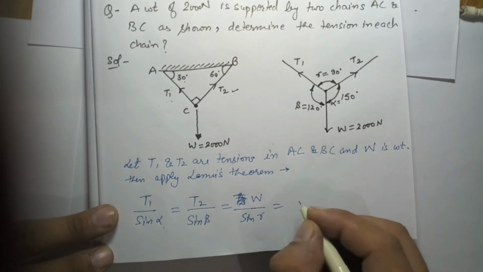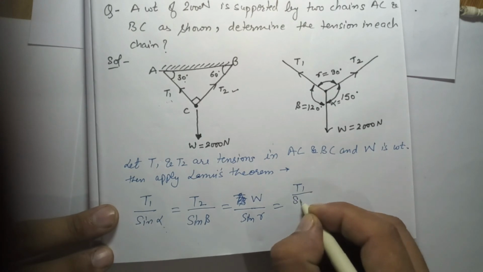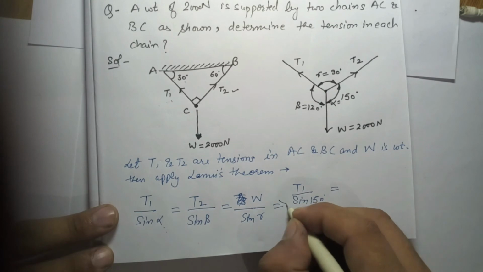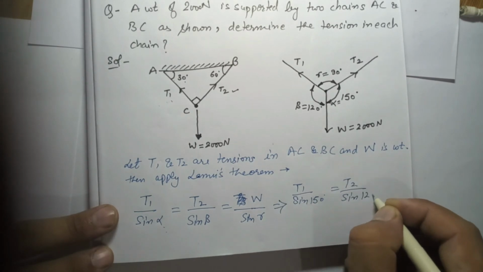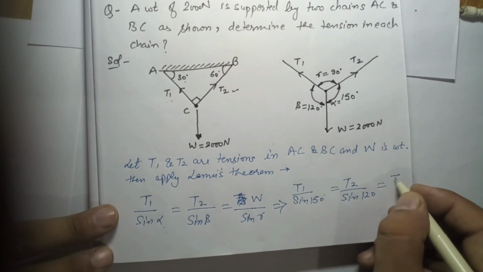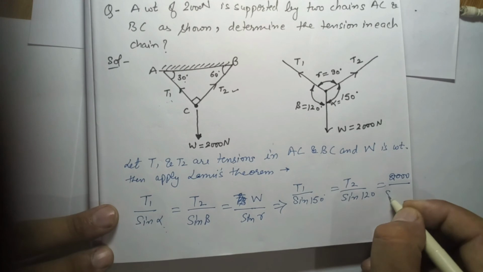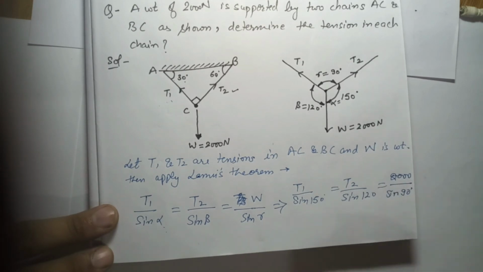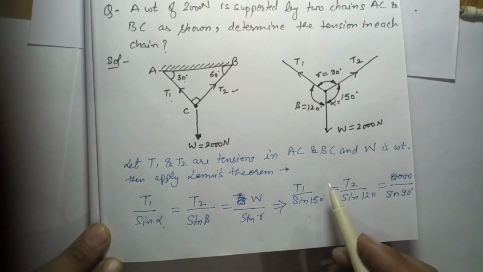So if we fill in the values, we get T1 upon sine 150 equal to T2 upon sine 120, equal to the weight 2000 upon sine 90. Here we can find the value of T1 very easily.